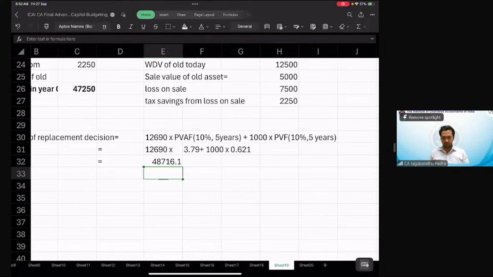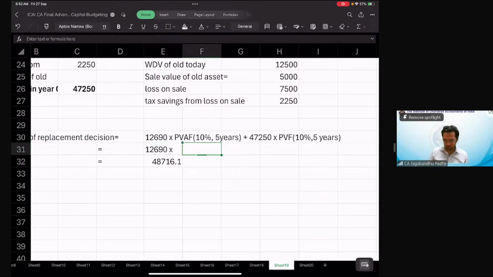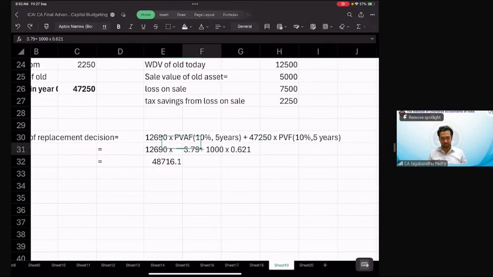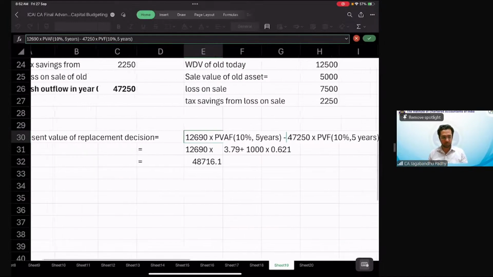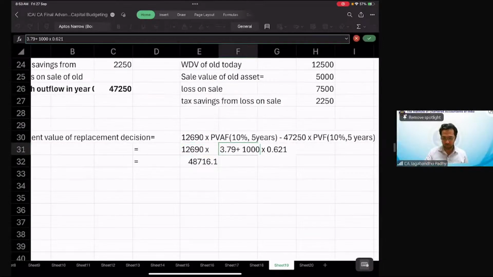Okay, sorry, why should I take 1,000? That's going to be 47,250. Right, so 47,250, or rather I can say this is going to be a minus number, because 47,250 is an investment, right?